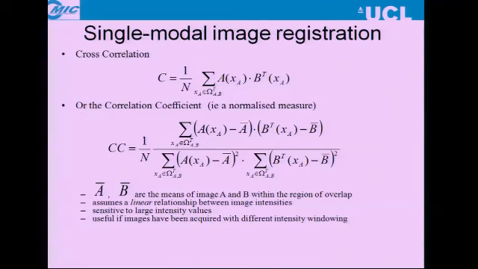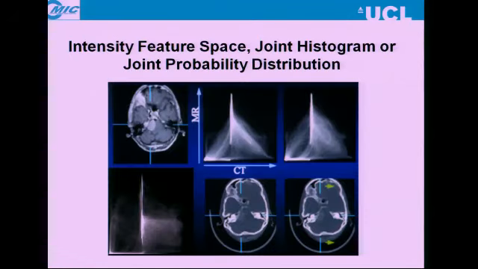So we look for some measure that's independent of those imaging parameters. One is the correlation coefficient. But more predominant, I would say, these days is to look at what are called information theoretic measures.